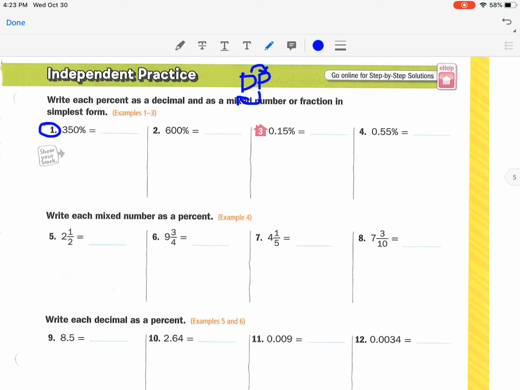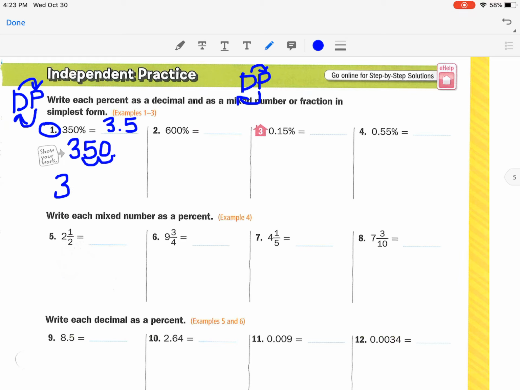We're going to take a look at number 1, and we have 300%. When we go from a percent to a decimal, remember a percent to our decimal means that we're going to be moving that decimal 2 places to the left. So here it is. There's my decimal 2 places to the left, gives me 3 5/10 as a decimal.